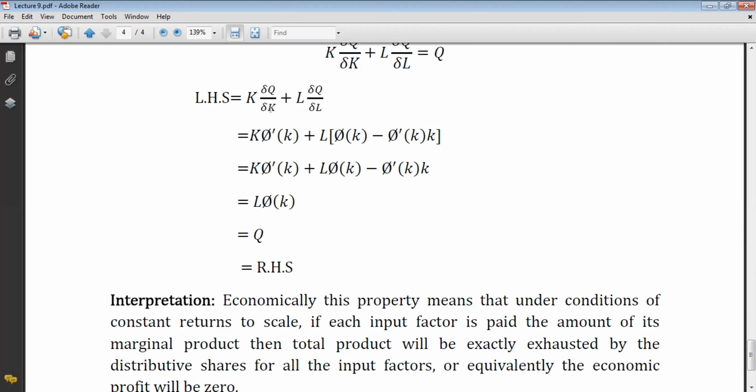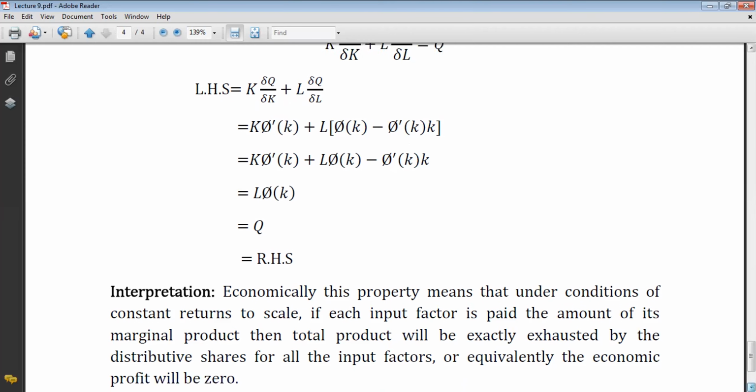then the total product will be exactly exhausted. So if you pay capital the same as its marginal product, and if you pay labor the same as its marginal product, then the total product Q will be totally distributed among the factors of production.